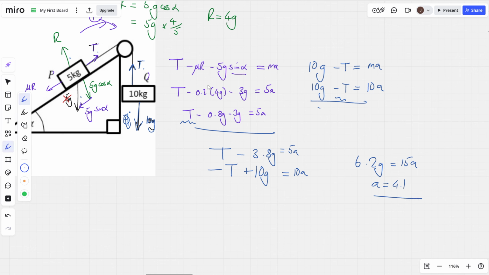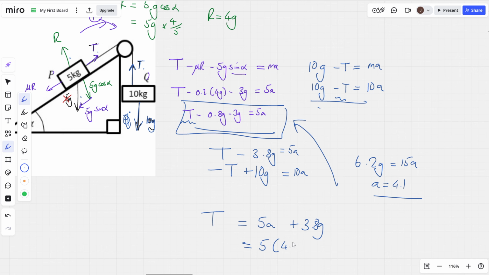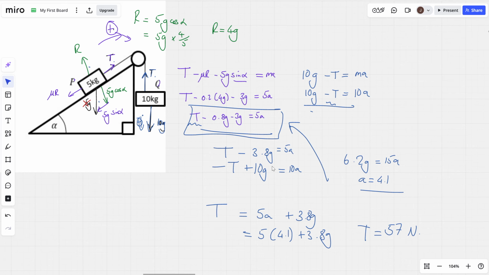So, for example, you go back to this one up here, and you say T equals 5a plus 3.8g. You sub in your value, and you can see there that you'll get T equals 57 newtons to two significant figures. So that's how it goes.